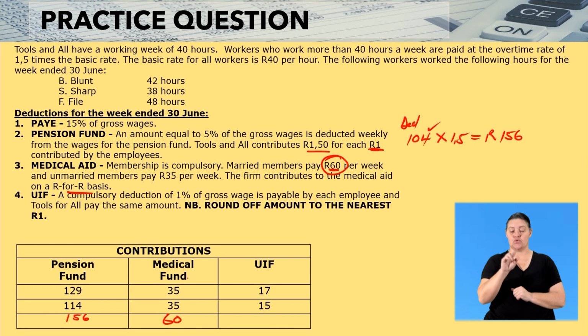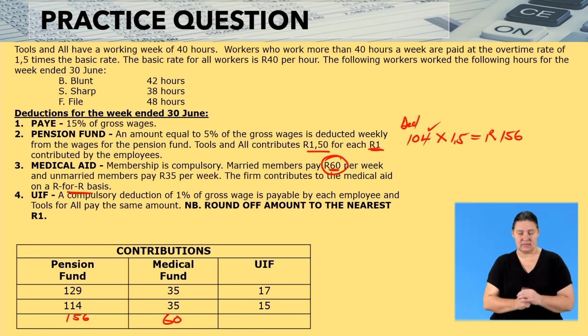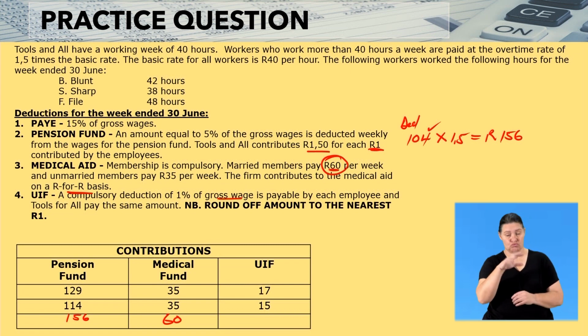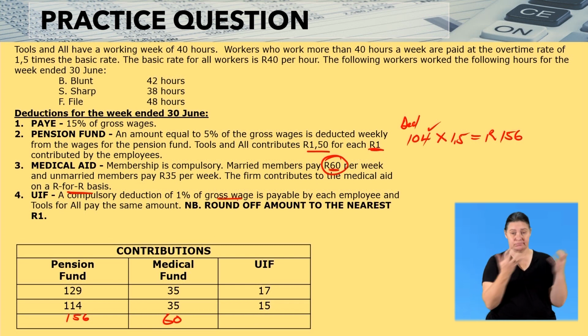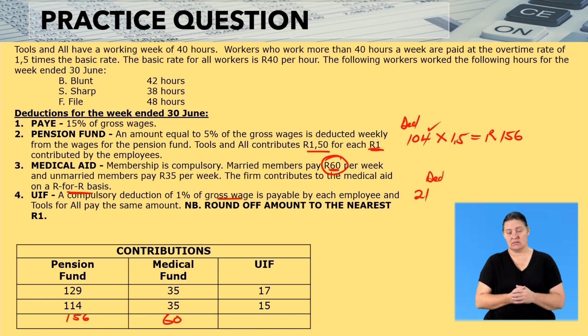Then the next one is UIF. 1% compulsory deduction, and this is 1% of the gross. If you still remember, for the UIF we calculated and we got 21 rands, which was the deduction.